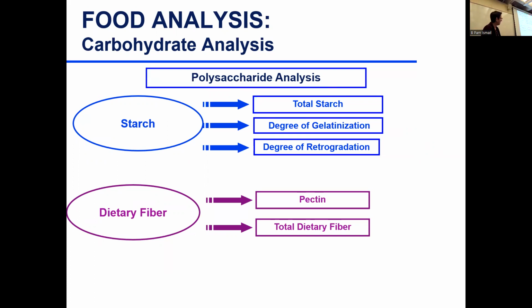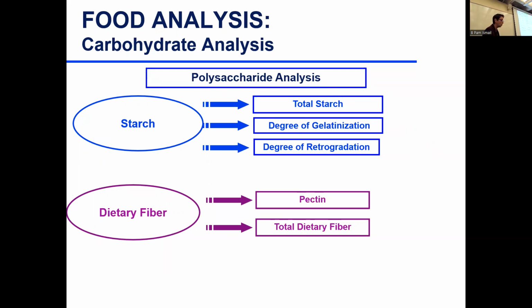And in certain applications, we care for degree of gelatinization of the starch, and we care to know the degree of retrogradation. So these are important in terms of food formulations and shelf life determination.